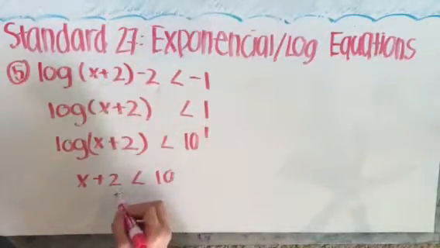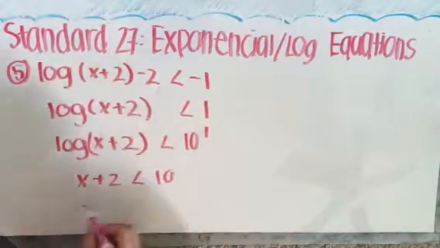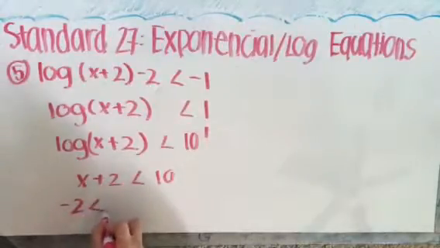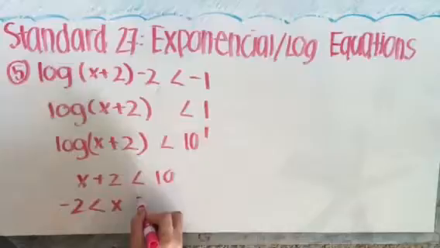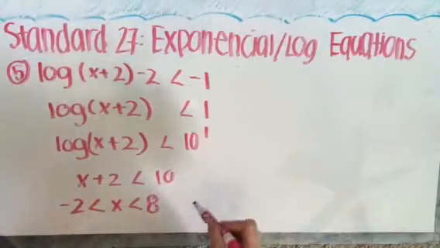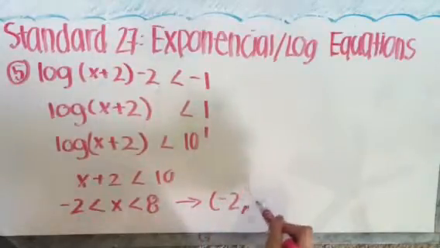Then you move the 2 over, to make it an inequality, which will make it negative 2 is less than x, but 8 is greater than x, giving you the answer negative 2 and 8.